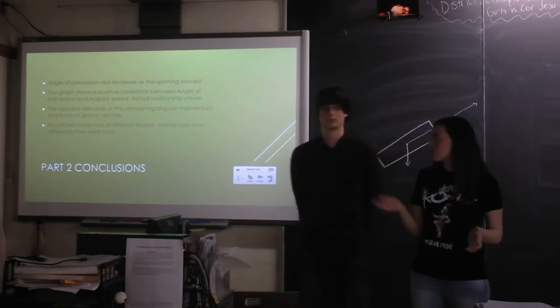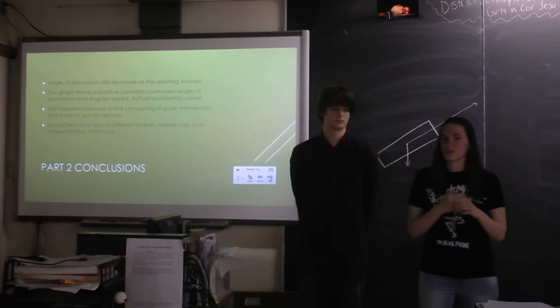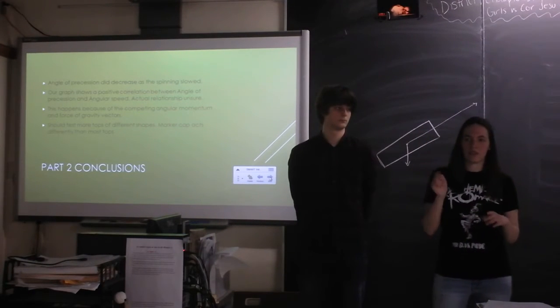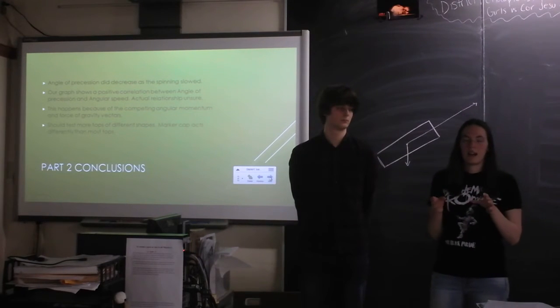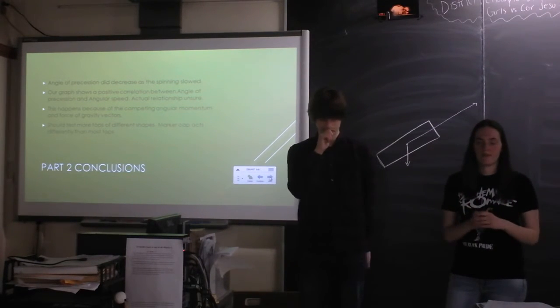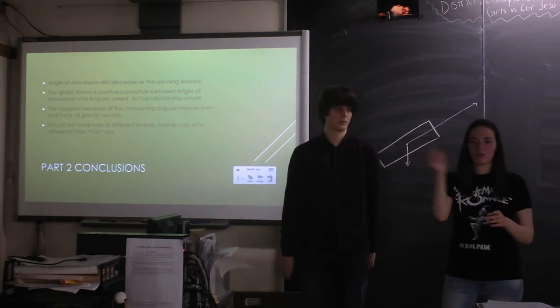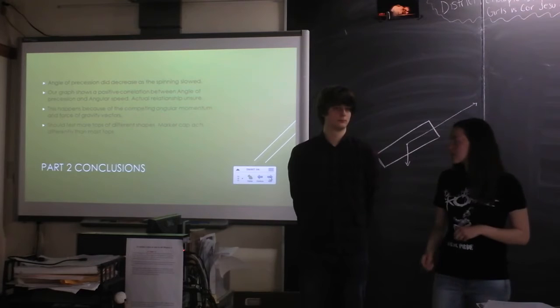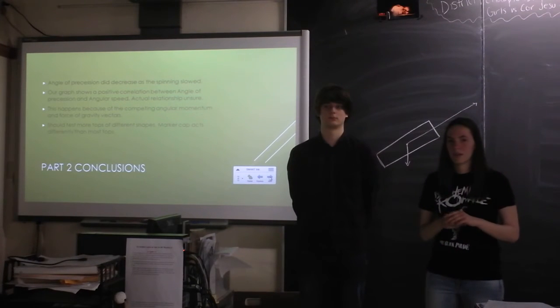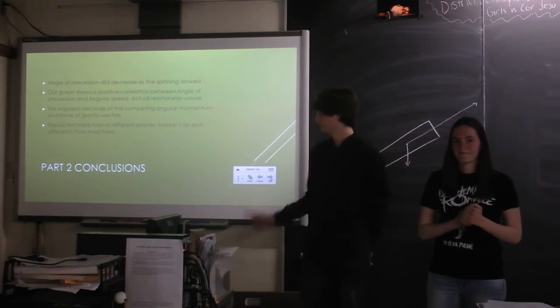And then we should just test different tops, because we only had one that really drastically showed precession. Some of these other ones showed precession, but you can't get a good video of it, mostly because they move around a lot, so it's hard to get from the side. The marker stays in the same place most of the time. So yeah. Thank you.